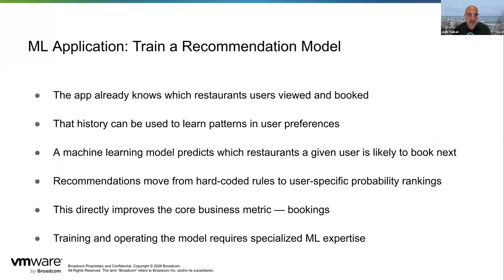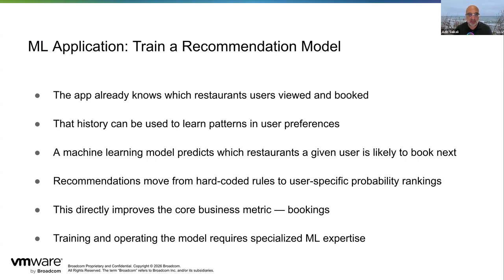This is where people have traditionally done things like machine learning, to say let's train a recommendation model based on the booking history that we have. The app knows which restaurants I've booked and what my preferences are. So you could train a model that says, out of these 4,000 restaurants in Toronto, these are the most likely that Adib is going to want to pick.